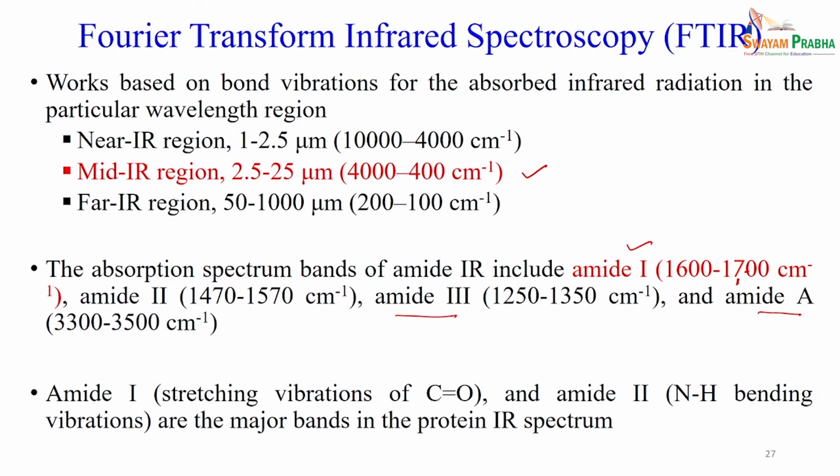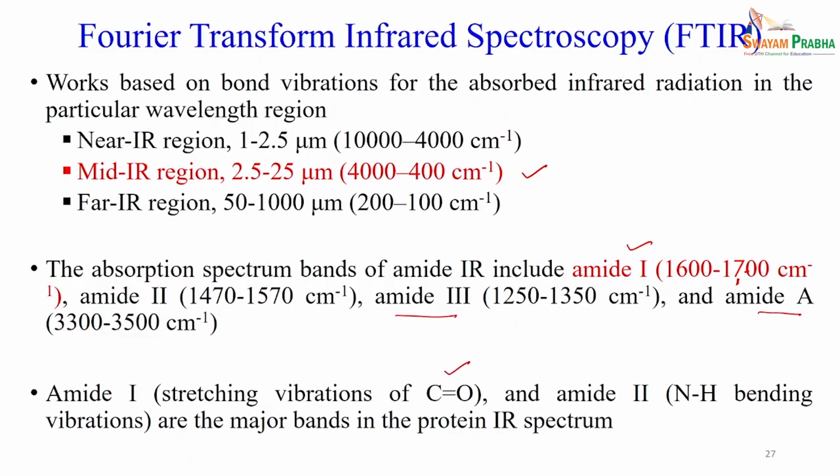So, these amide 1, amide 2, amide 3 and amide A come from the different functional groups of a particular protein. Amide 1 reflects the CO stretching, amide 2 reflects the NH bending, amide A reflects the NH stretching, and amide 3 represents the CN.